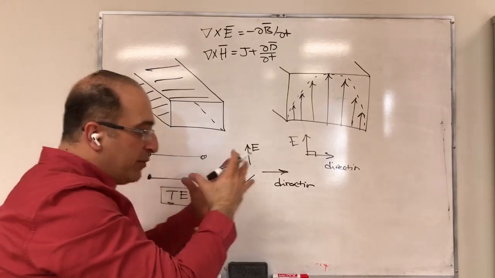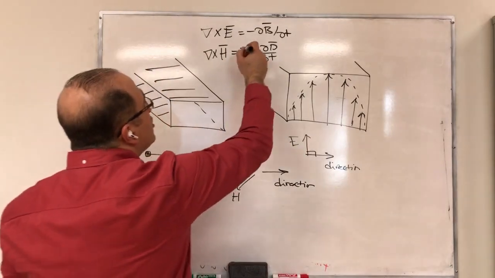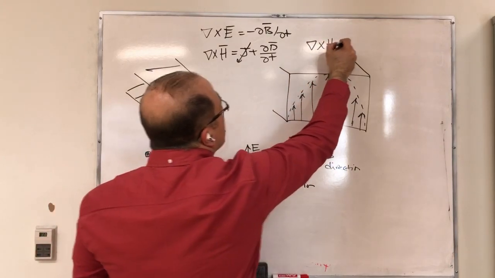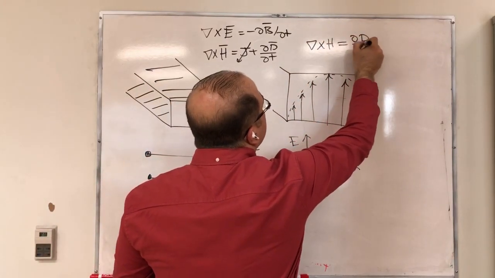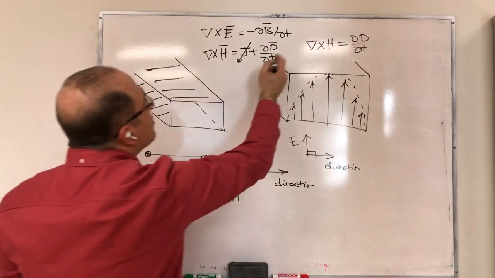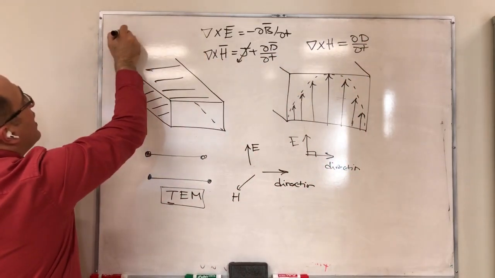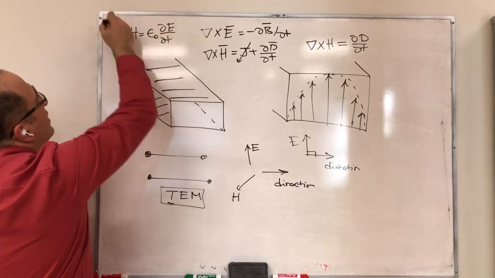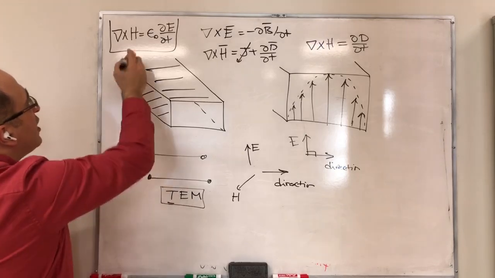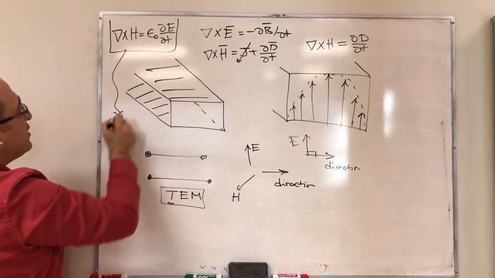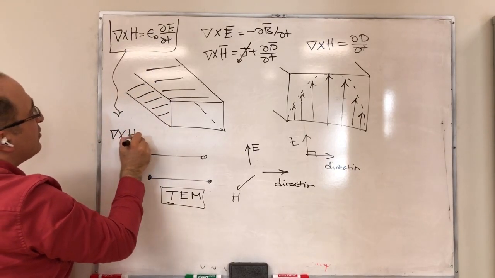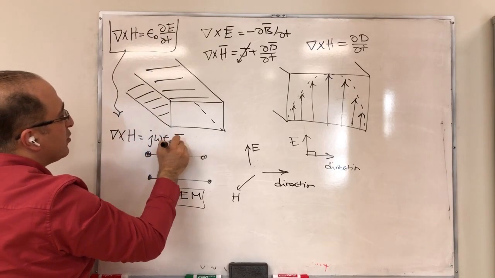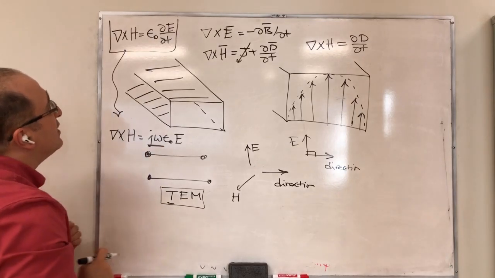And remember, if I'm in air, free space, I don't have a J, so let's not consider that for now. Just say curl of H is equal to ∂D/∂t. And you also know that D is epsilon E, so curl of H becomes epsilon naught ∂E/∂t. So let's focus on that. We usually consider it in the phasor domain, which converts ∂/∂t to jω, so it becomes jω epsilon naught E. So that's the derivation in the time domain.